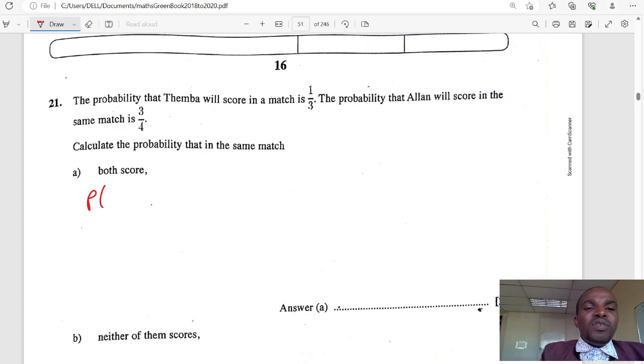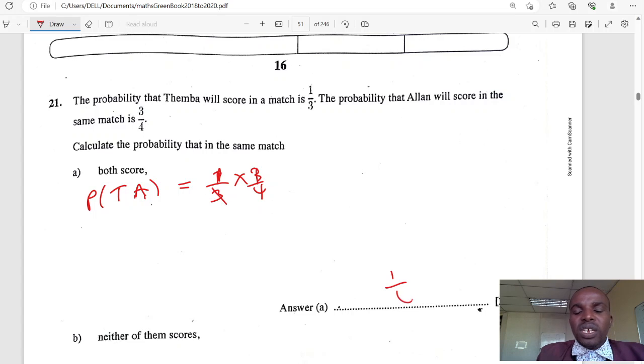So it's the probability that Temba will score and Alan will score. So it will be 1/3 times 3/4. So it cancels, and it's 1/4.